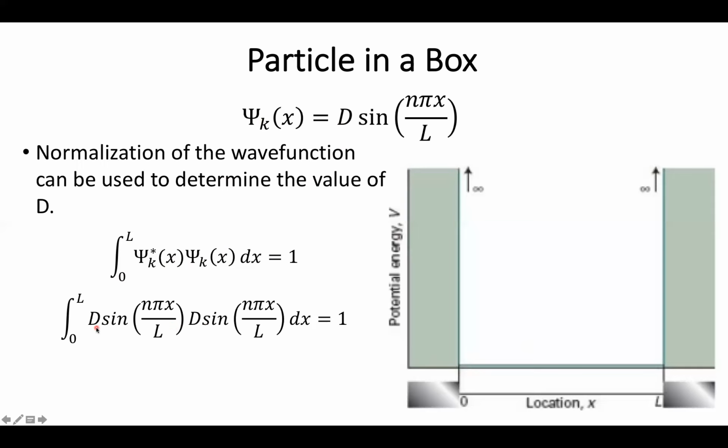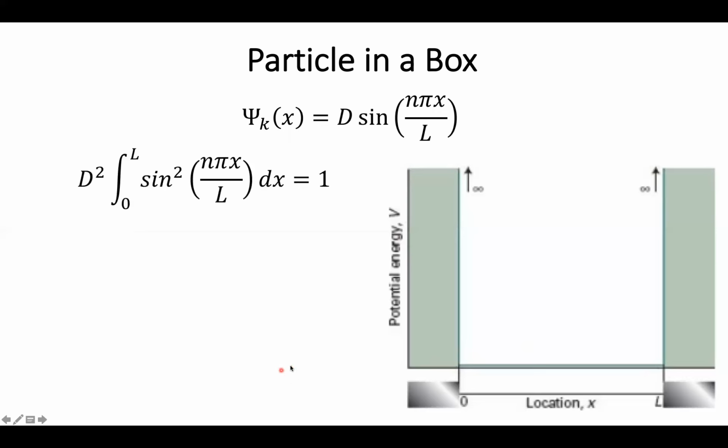So then I can start combining terms. d, as a normalization constant, should be able to be pulled out front. That just leaves us d squared times the integral of sine squared of n pi x over L, again from 0 to L. So we're going to set that equal to 1.